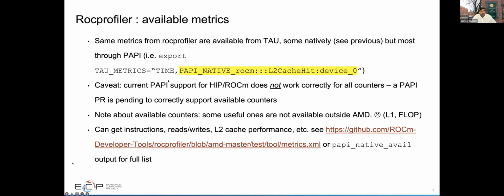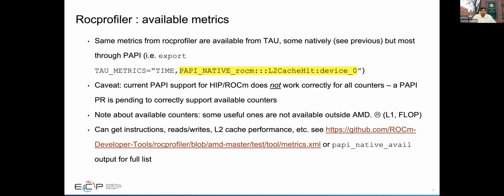And there are some limitations, of course, and there are some currently pending PRs that are being merged, and that will provide us with an even better set of counters, including hopefully soon counters that we could read in tau through the PAPI interfaces that give us details of the level 1 data cache and flop rates.